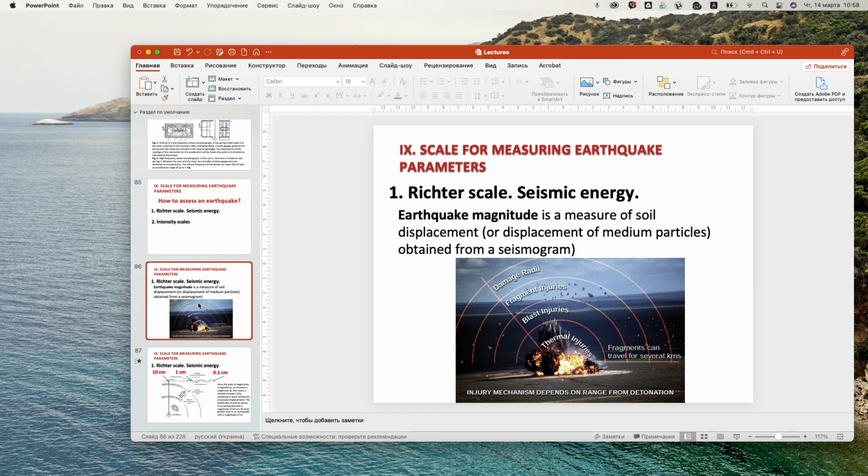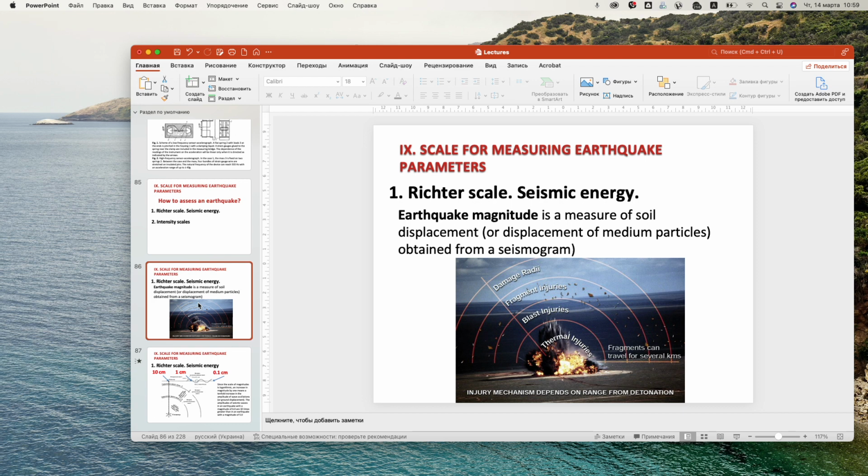So it looks like a TNT equivalent to the blast. It's not connected with the material. For example, you can blast TNT or you can blast C4. And nevertheless, all those explosives can be compared in total equivalent.